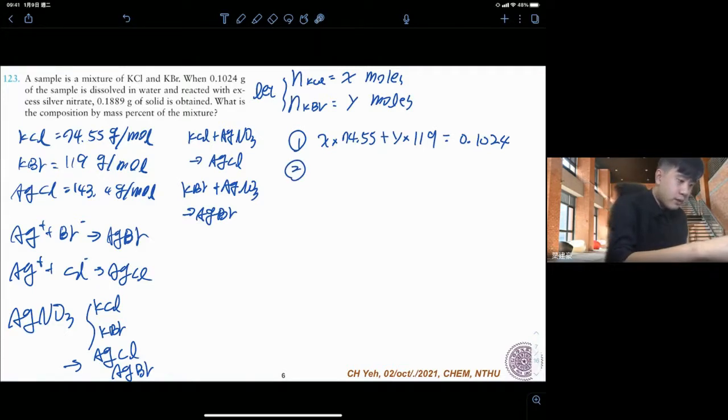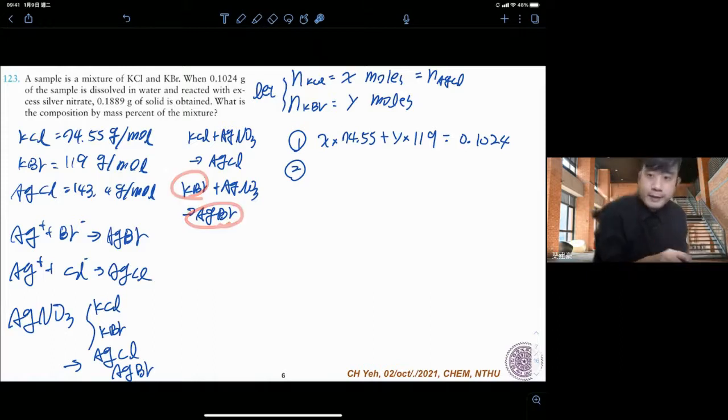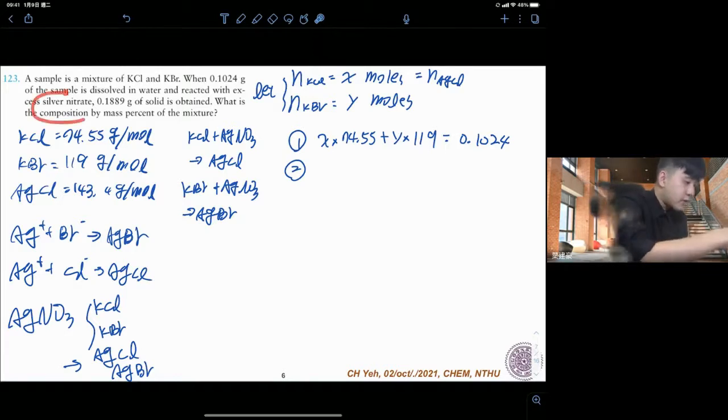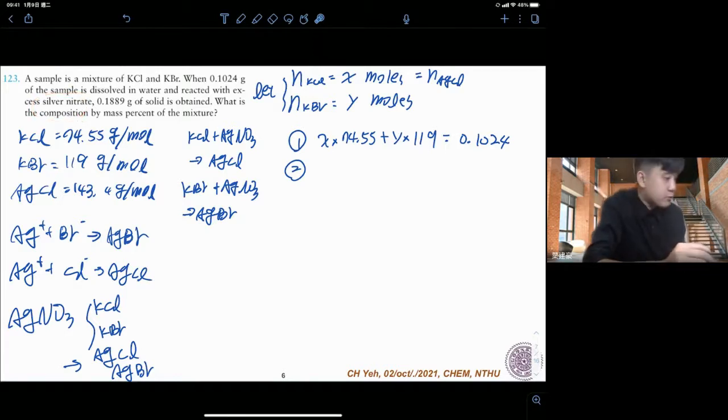The moles of KCl here are the same as the moles of AgCl here, and the moles of KBr here are the same as the moles of AgBr here, because after the reaction the same amount will be obtained, since there is a clue that the silver nitrate is in excess.